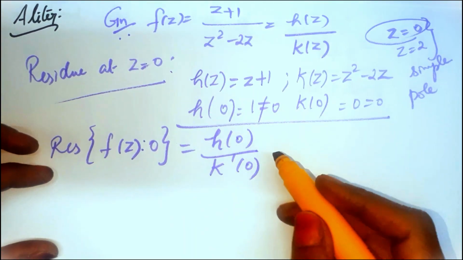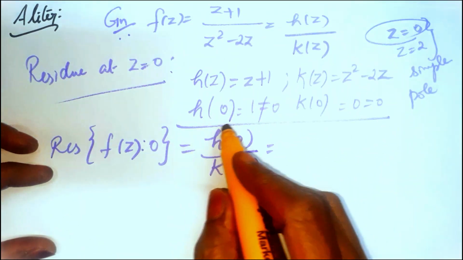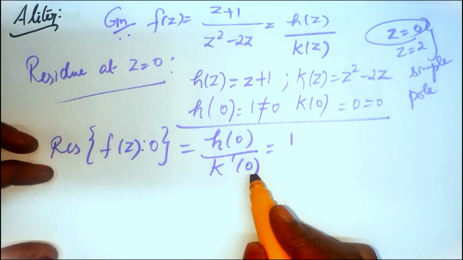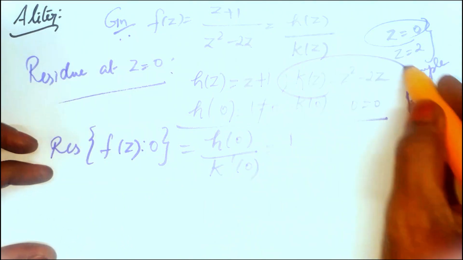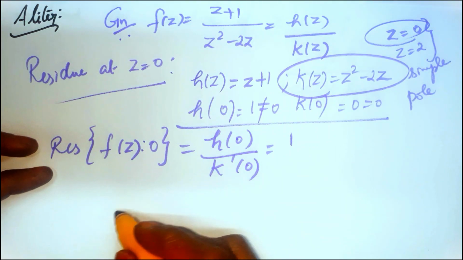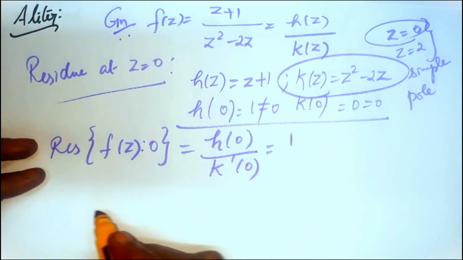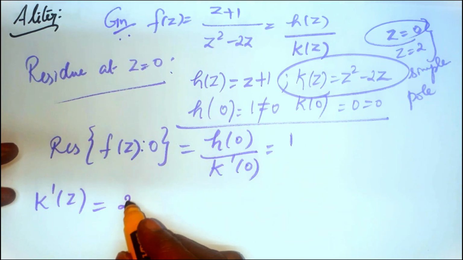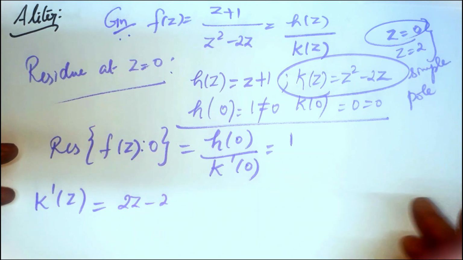So h of 0 is equal to, what is h of 0? Now only we got, no, that is 1. But k dash of 0, if we want to find, first we have to differentiate the term and substitute. What is k dash of z? I will do it here. K dash of z is equal to 2z minus 2. Am I right?